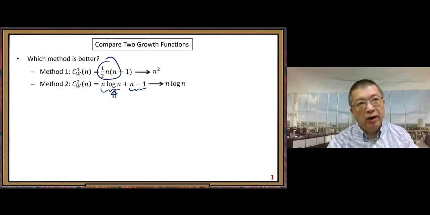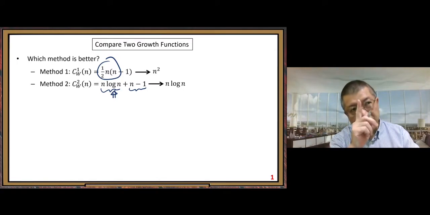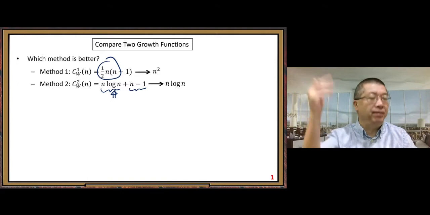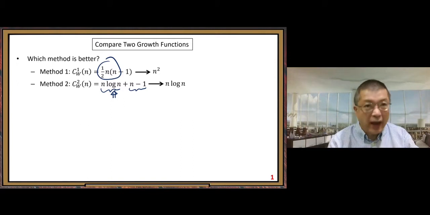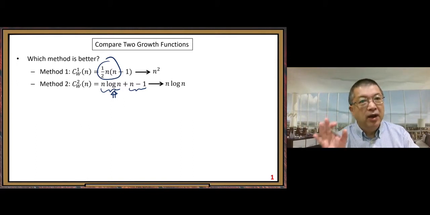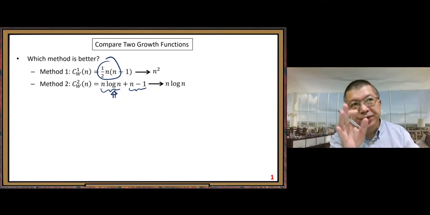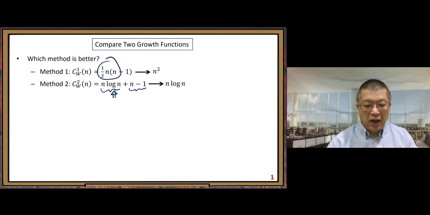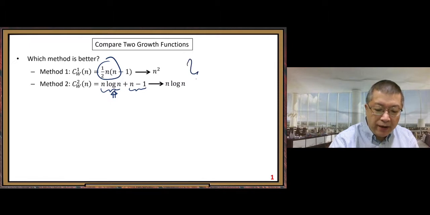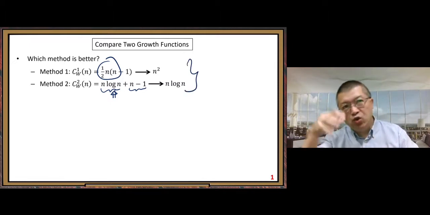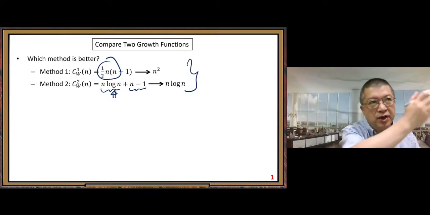The dominant term's coefficient is just 1, so we still use n log n. After that, the next step, we need to do the comparison. How to compare these two functions? Which one is faster? Which one is slower?